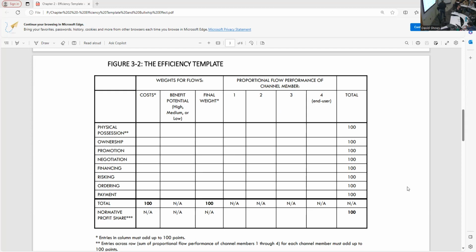All of these calculations will be done for you once again, and I want you just to know that. Ultimately, what happens is that the weight is a combination of the cost and whether that benefit is high, medium, or low. So if physical possession is 20% of the cost and all of these come down to equal 100, then this is the percentage of cost.